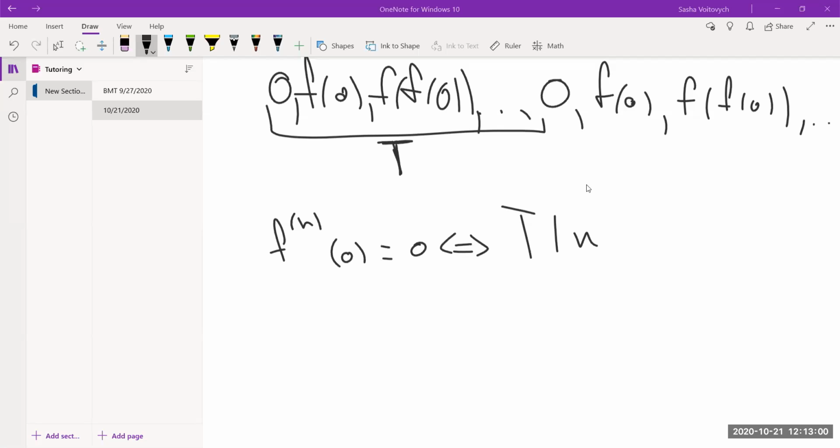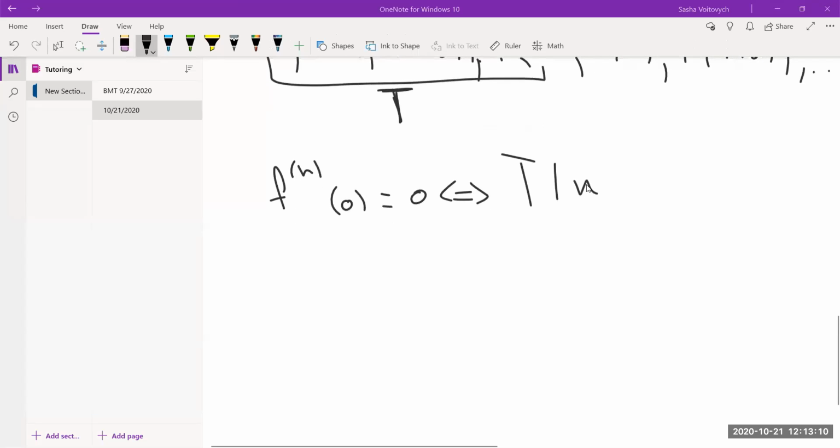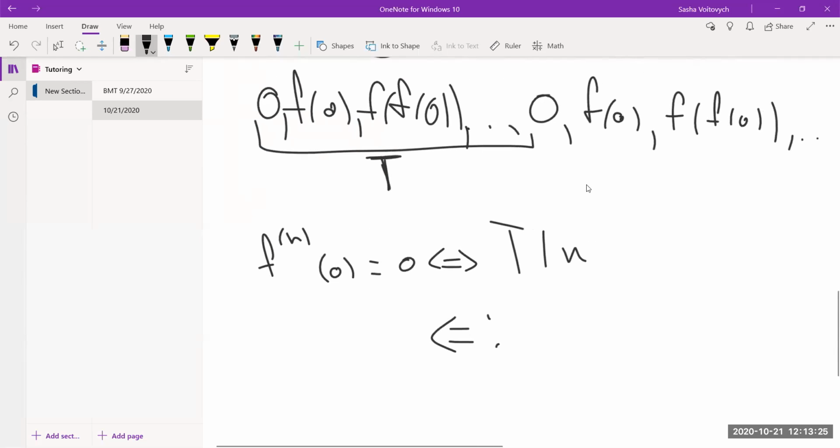Okay, I'll just explain it. So suppose there is... one-way implication is quite obvious, because if t divides n, then we're just stepping some number of periods.